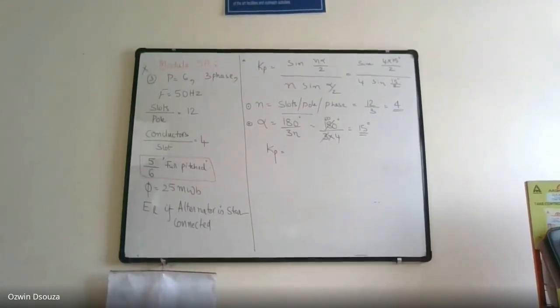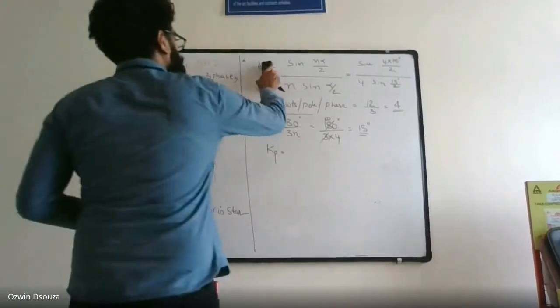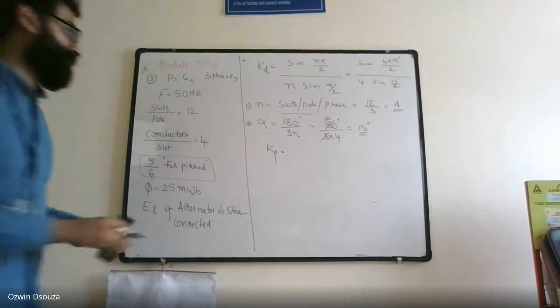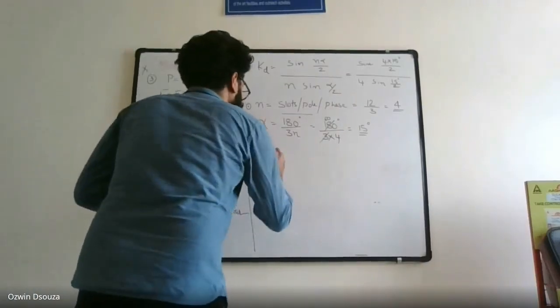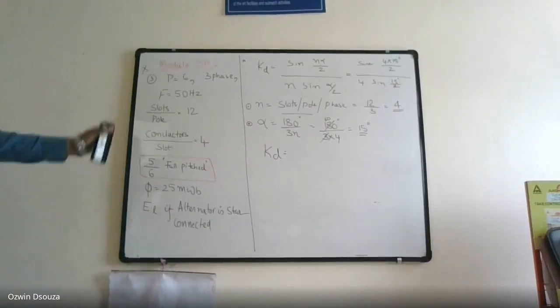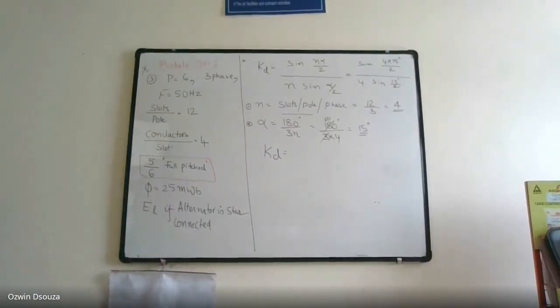Oh, sorry, not Kp. I'm so sorry. Kp is cos beta by 2. No? This is Kd. Please make the correction. So sorry, this is Kd. That's the formula for Kd. Kp was the previous value. Please make a correction.